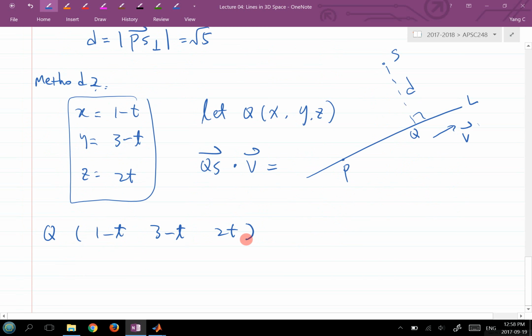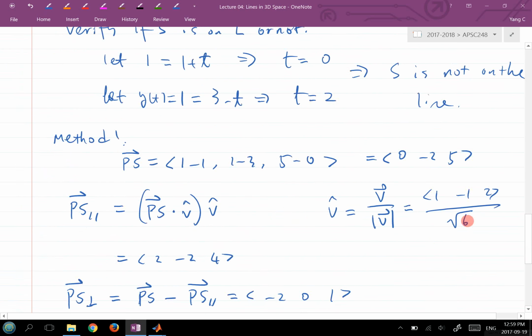So at this stage, Q is nothing special. It's just a point on the line, right? Then we can create a vector between Q and S using these general coordinates for Q. We have S already, so we create QS here, using the coordinates of S minus the coordinates of Q. What's the coordinate of S again?